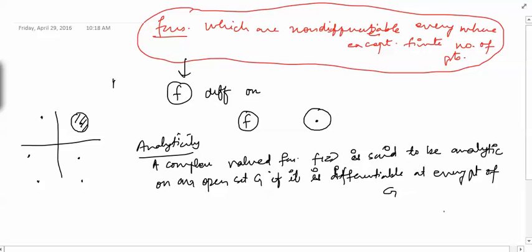It means what? You have an open set G, and you will say that a function f is analytic on this open set G if it is differentiable everywhere.